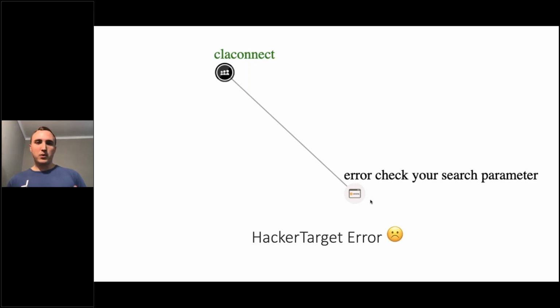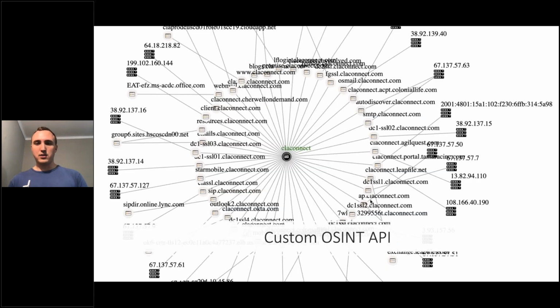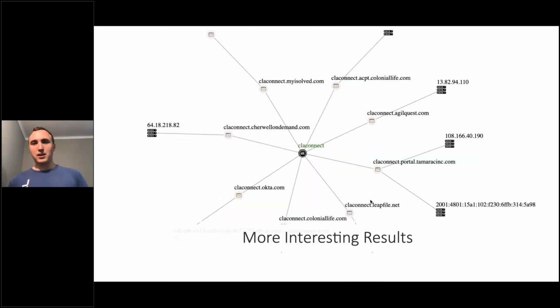We're going to go through how you would build your own OSINT API that allows string searches to give you results like this, and more importantly, results like this. So this is data that you wouldn't really get out of other paid APIs unless they have figured out this feature themselves.